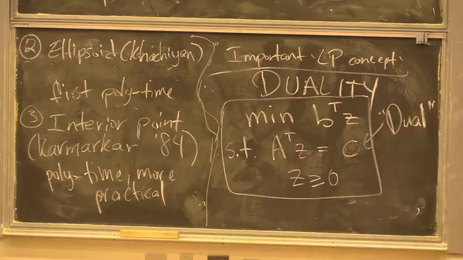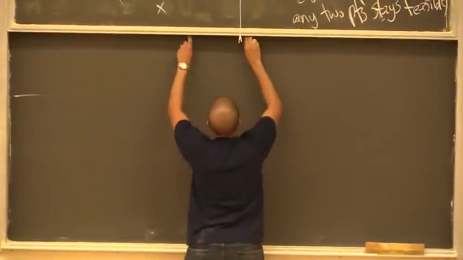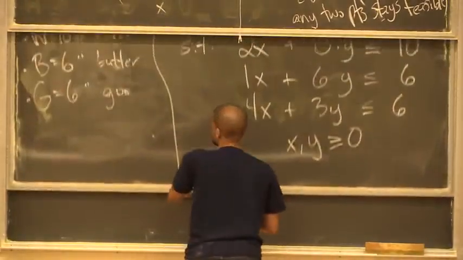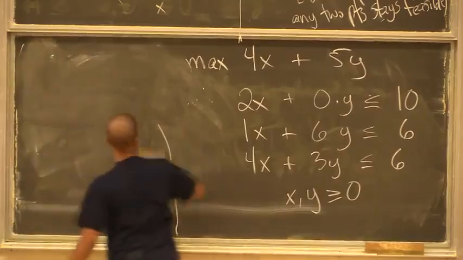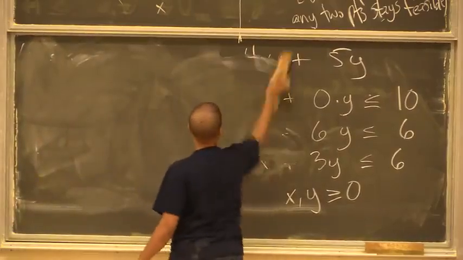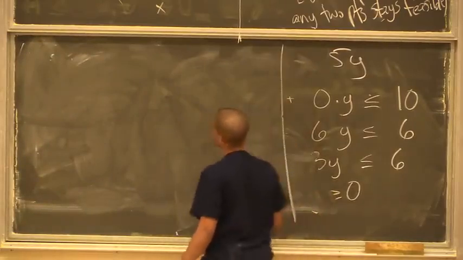And the reason duality is so important is because of two things called weak and strong duality. So let's label things.